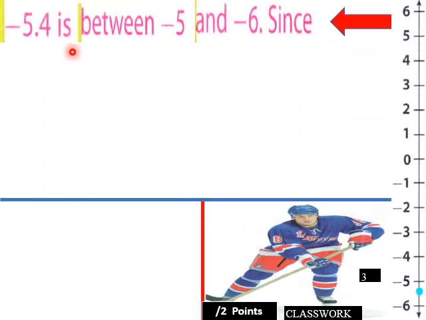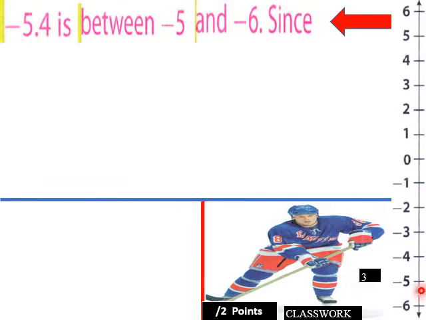So negative 5.4 is between negative 5 and negative 6. So here's negative 5, here's negative 6. It's negative 5 and 4 tenths.